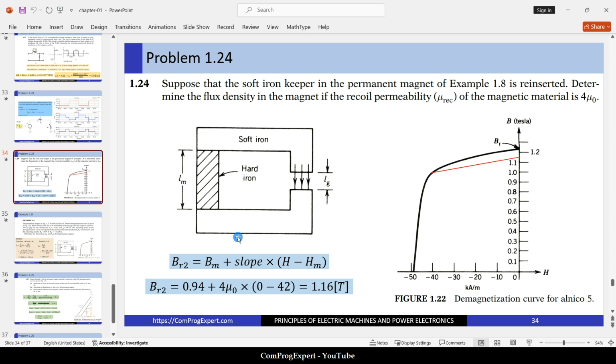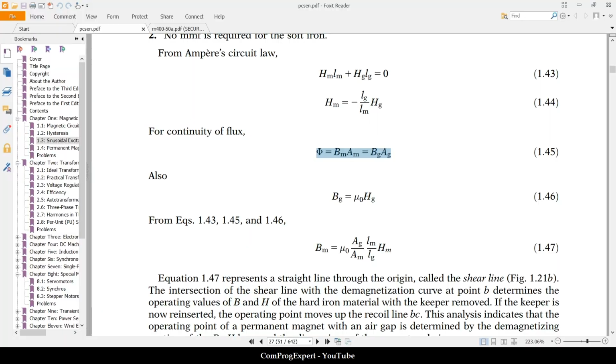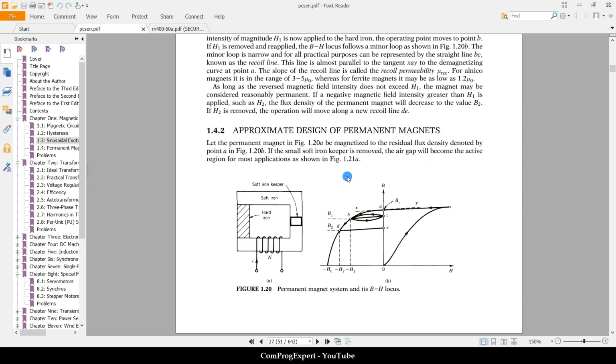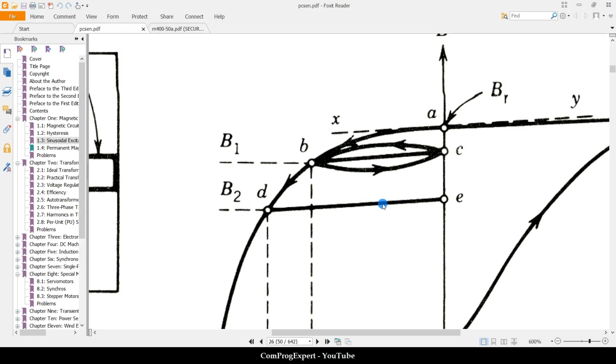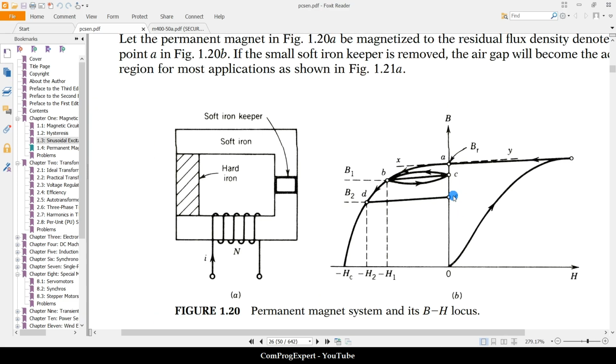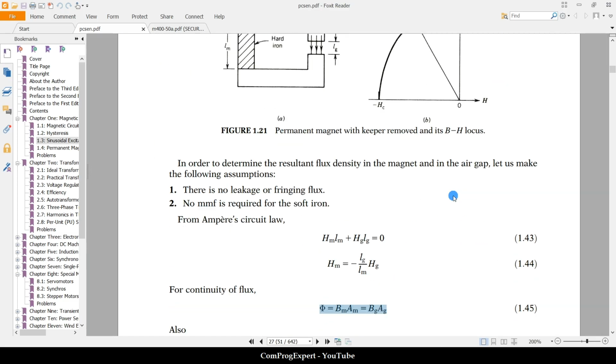If you look at this graph, yes, we have this situation. If we have the slope of this recoil line, we can find the new operating point, the new value for the remanence flux.